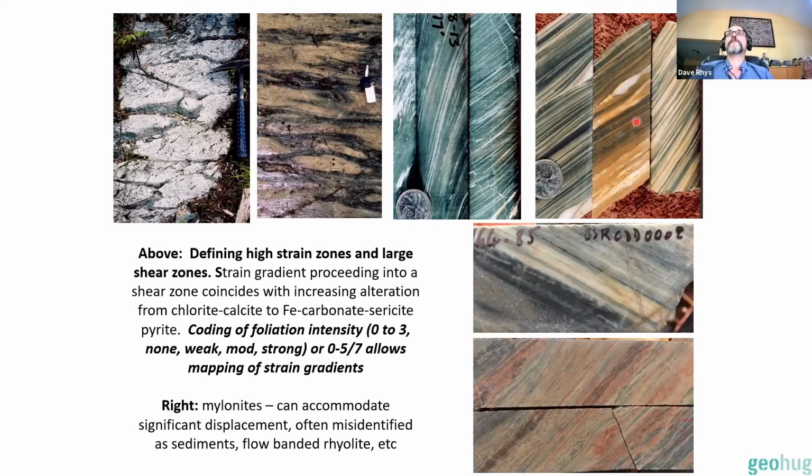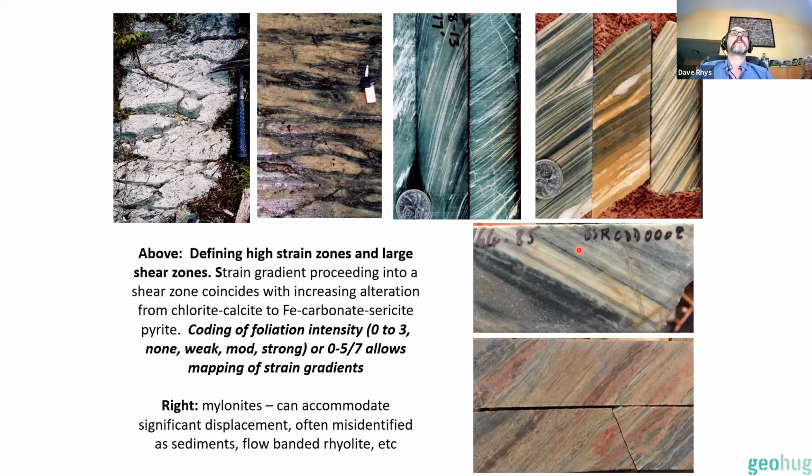Oftentimes these extremely deformed mylonitic shear zones can be mislogged as sediments. I've seen this happen in Africa, where a client did not recognize that his controlling structures were all logged as fine-grained mudstone, siltstone, because they were mylonites. So it's very important to recognize these strain gradients because they're often the controlling structures in these orogenic gold systems.